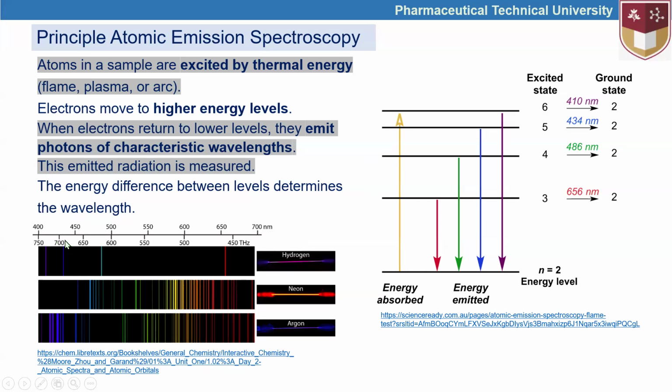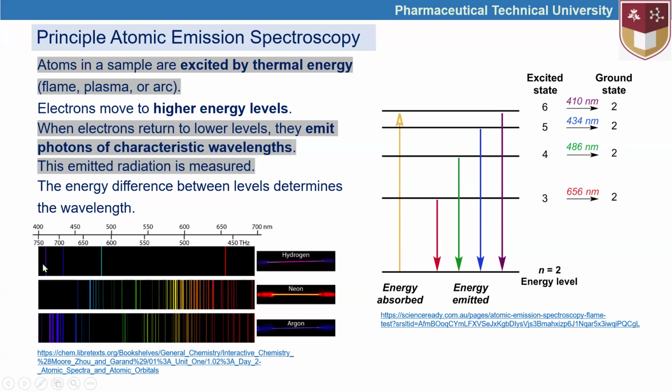And here we can see that the blue and violet colors belong to shorter wavelengths. That's why they have more energy, as indicated here. We can also find that the shorter wavelength is linked with a greater frequency.